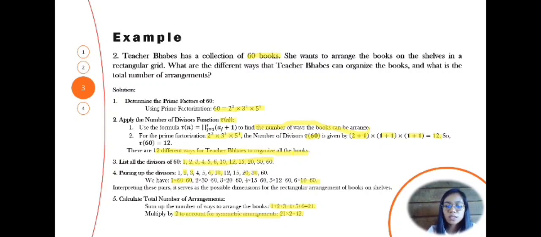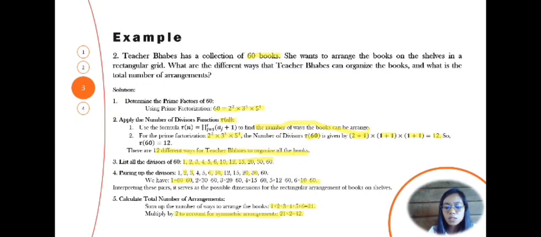In the context of arranging the books, we are considering the divisors of 60 as potential dimensions for the rectangular arrangement. The sum of 1, 2, 3, 4, 5, and 6 is clearly the sum of the divisors that are used as the number of rows in each arrangement. So it is not the sum of divisors of 60.